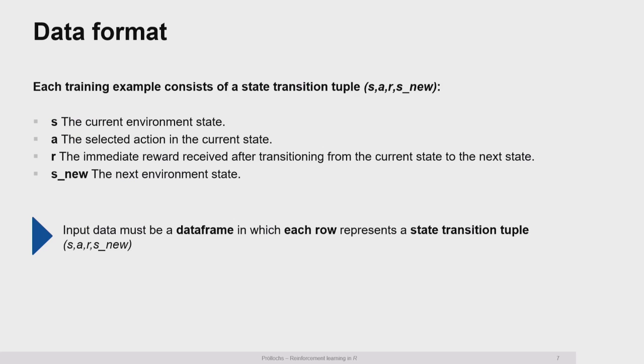Okay, I will start with the data format, which is required for running the package, because I think it's much easier to start with knowing how the data must be presented in order to perform the learning than the other way around, at least in this case. As I already said, we perform batch reinforcement learning, and what we need are state transition tuples, which consist of 4 elements.